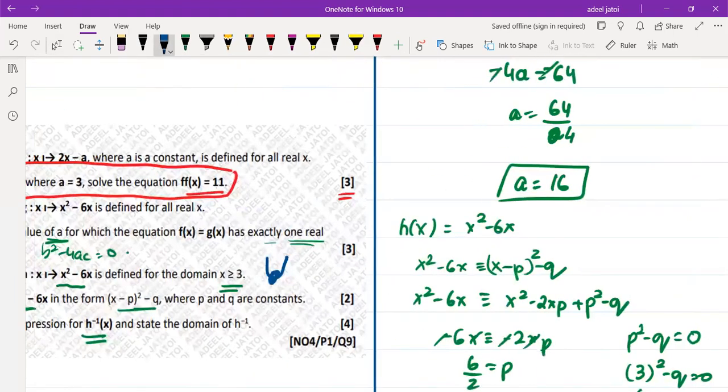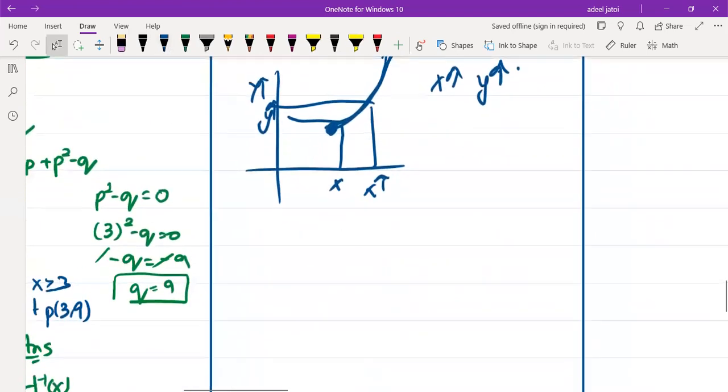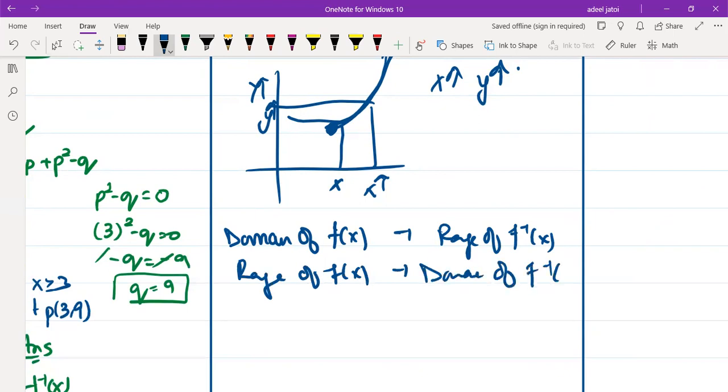Lastly, the question says state the domain of h inverse of x. Your domain of f inverse of x is basically the range of f x, and the range of f x is the domain of f inverse of x.